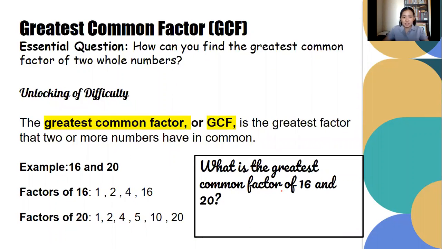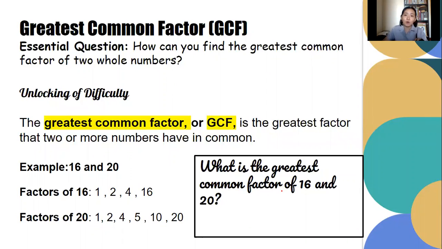When we say GCF, this is actually a common factor as well. It's part of the list that was answered on the previous slide. But this time, we have to spot between those two common factors that we got, which among the two is the greatest or the bigger number.